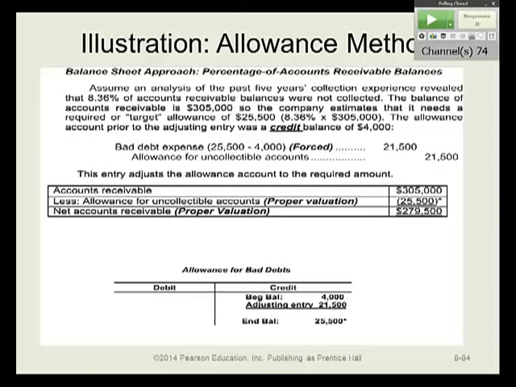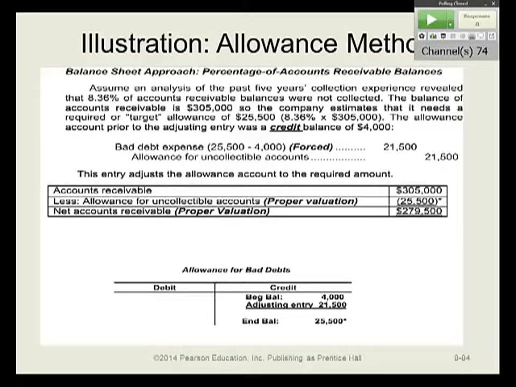Now at this point, the net realizable value is accounts receivable of 280 minus the allowance of 5. Okay, so it's 279.5. Now, what was the net realizable value before the write-off?